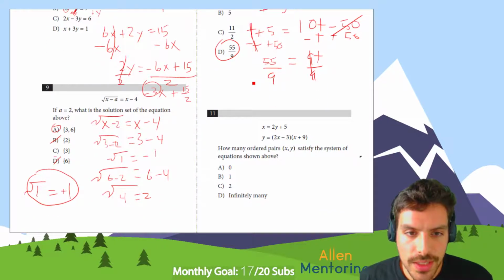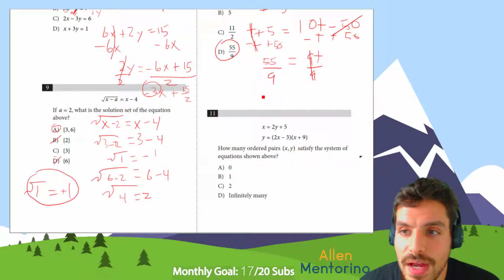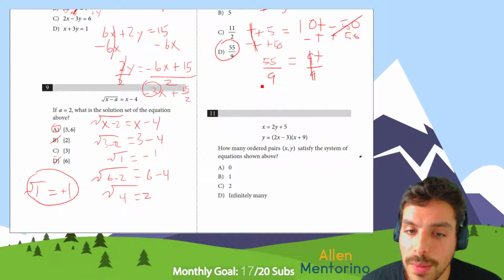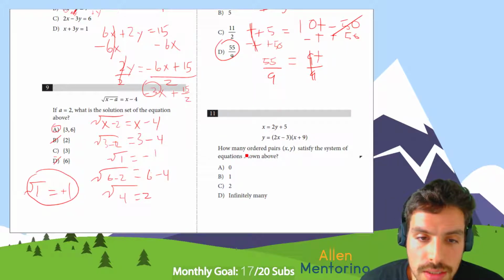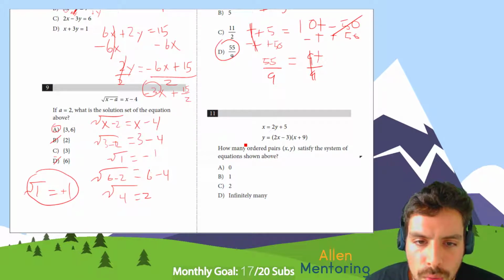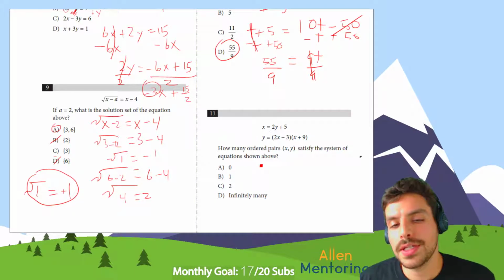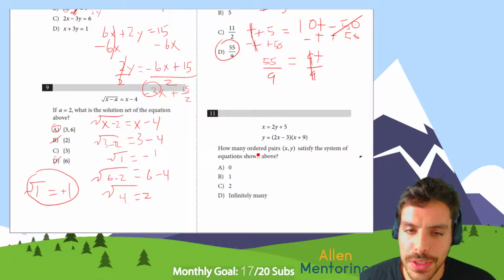Alrighty then. Number 11. How many ordered pairs satisfy the system of equations shown above? 0, 1, 2, or infinitely many? Okay. So how are we to do this problem? All they're asking us is how many solutions are there, right?